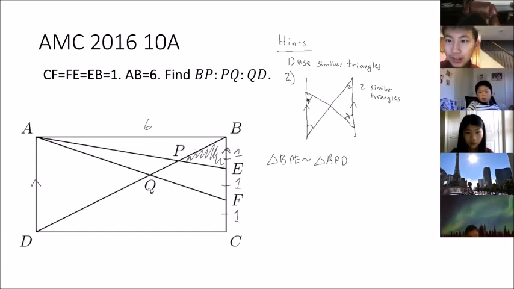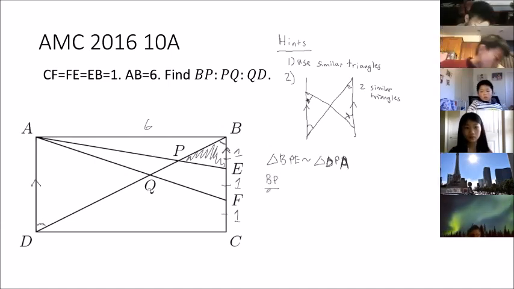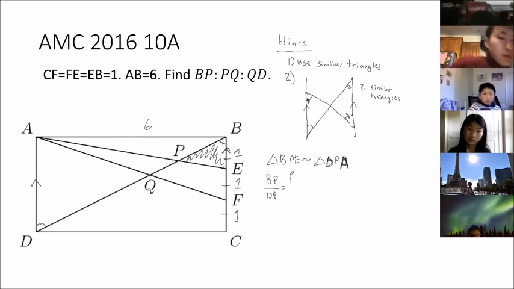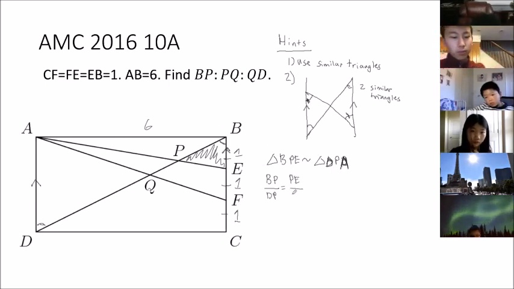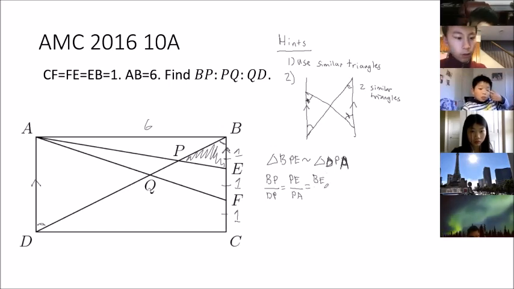I wrote it in the wrong order. This angle at B here corresponds to this angle at D, so I really should write D over here and A over here. And writing our length ratios, what do we get? We get BP over DP is equal to PE over PA, which is equal to BE over DA.